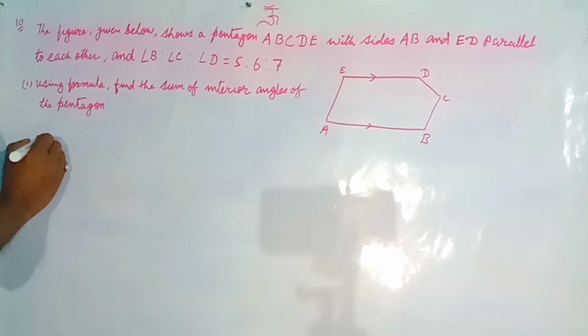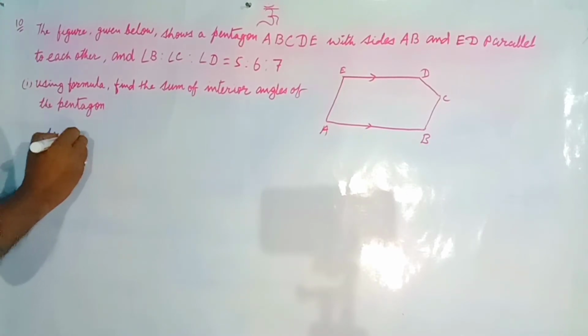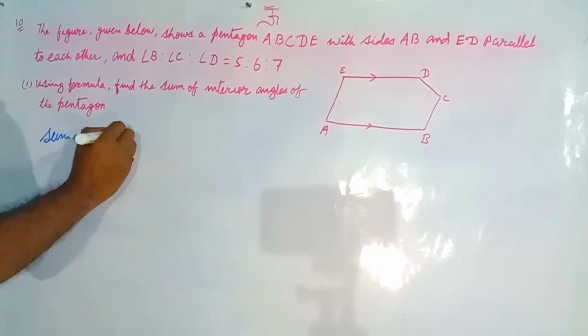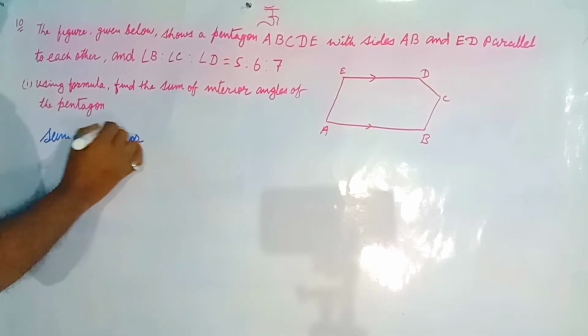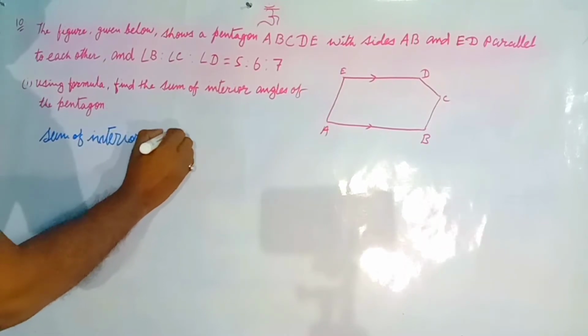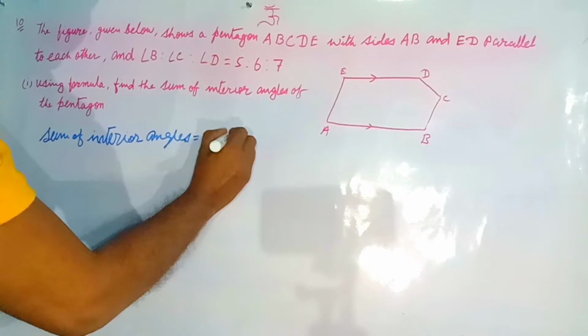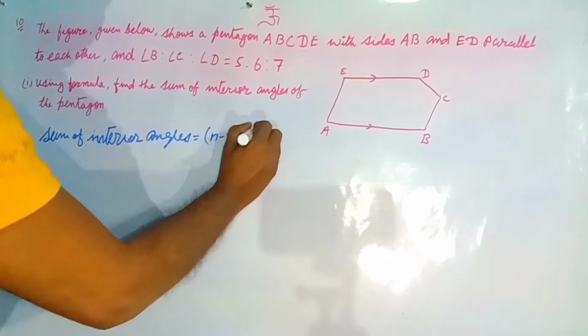So we know that the sum of interior angles is equal to (n minus 2) into 180 degrees.